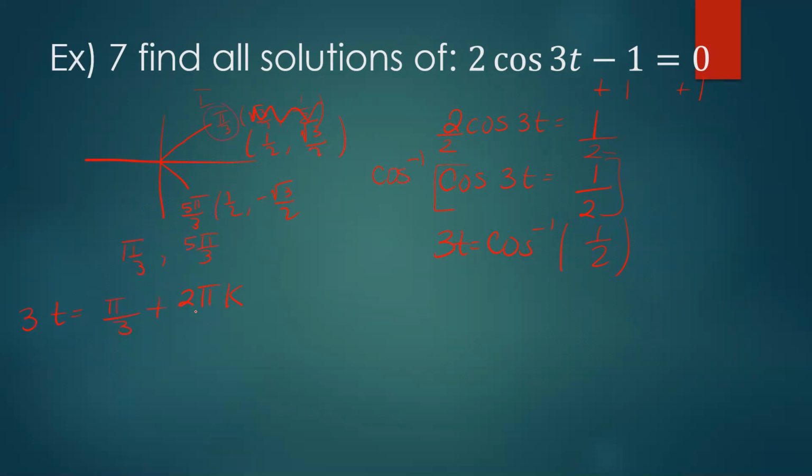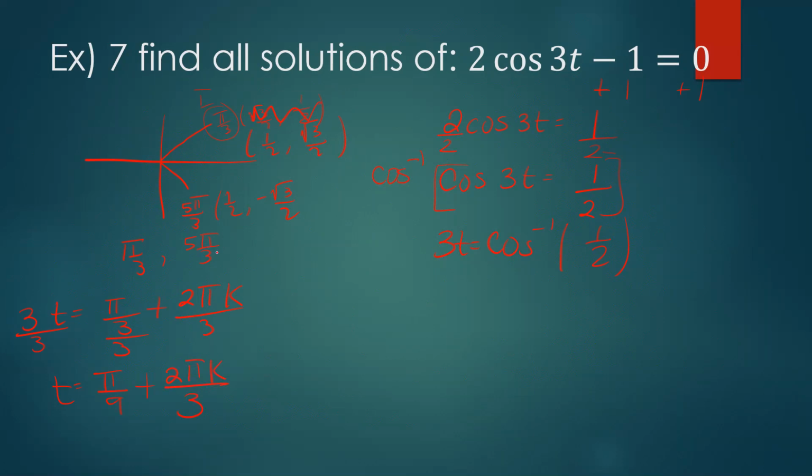That's why I use 2 pi k instead of pi. Then to solve for t, you're going to divide both sides by 3. So you divide the pi over 3 by 3, and then divide the 2 pi k by 3 as well. When you simplify this, t equals pi over 9 plus 2 pi k over 3.